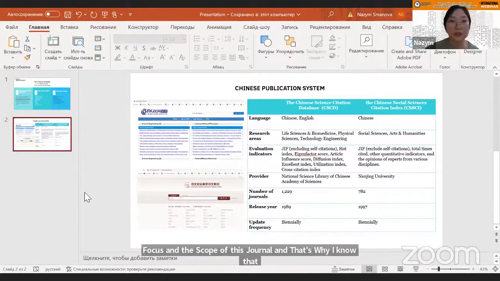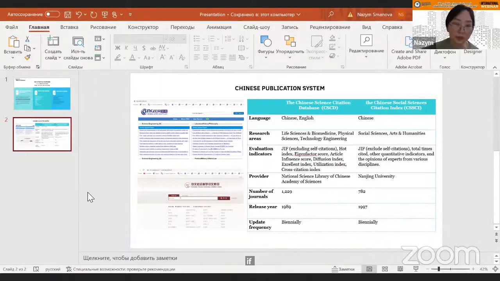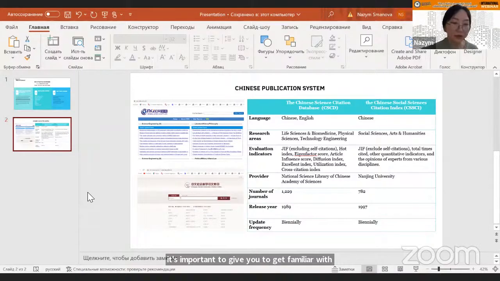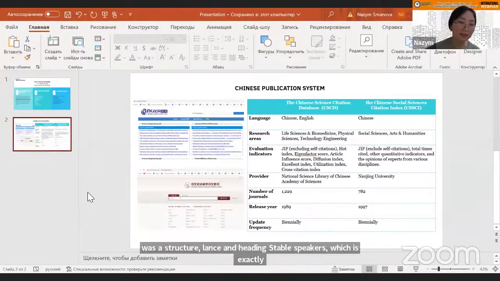So if you plan to publish in Chinese journals, it's important to get familiar with the journal, and to know its aim, scope, and article structure, length, headings, tables, and figures, so that your paper exactly fits the guidelines.